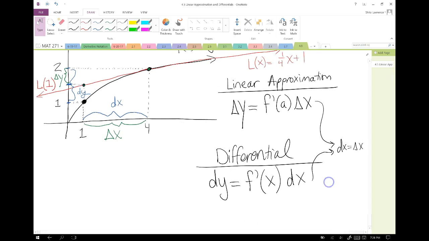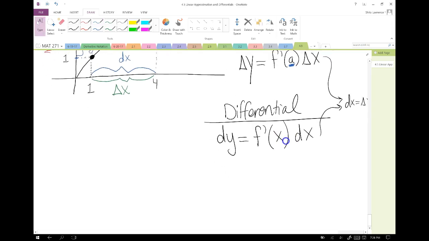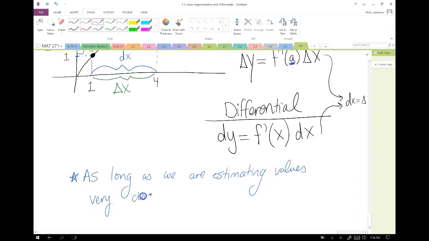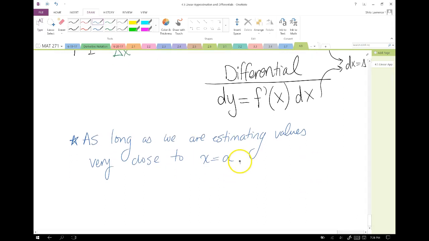Now, as long as we stay really close to a, then delta y can be used as an approximation for dy. dy is approximately delta y.